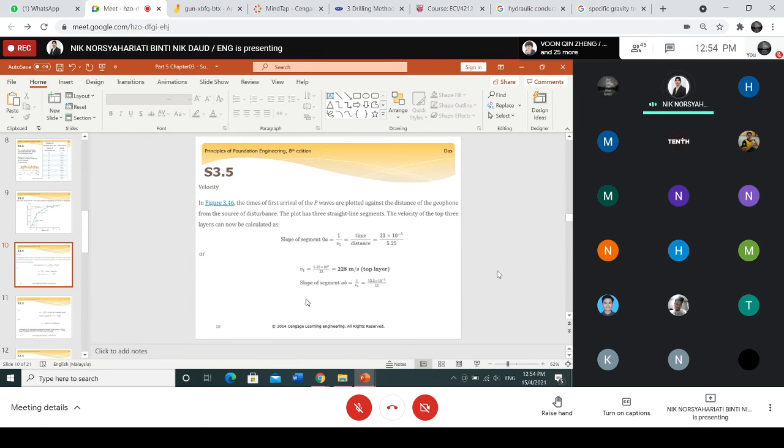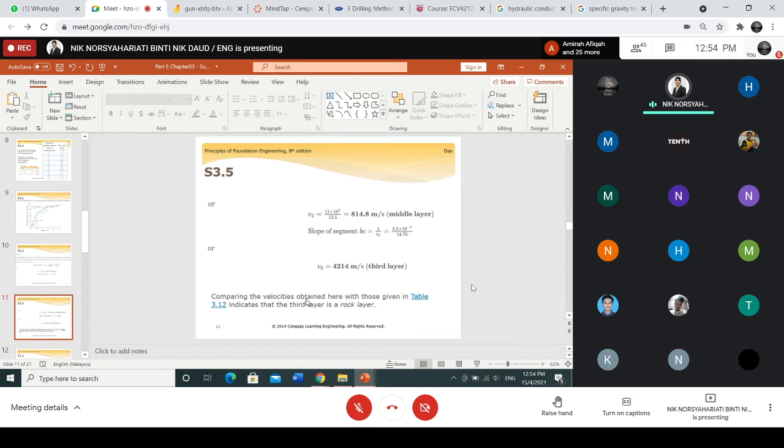So using this time-distance plot, you can calculate V1 for the top layer, which is around 228 meters per second. Then you move on to segment AB, and you get the value of V2 for the middle layer.